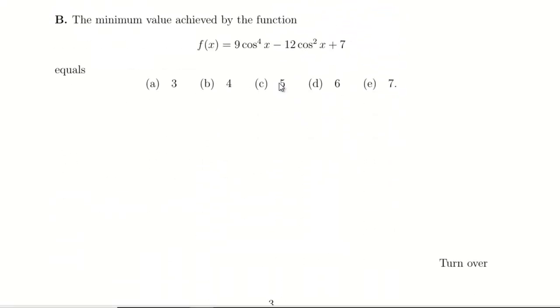B, the minimum value achieved by the function. So fairly horrible looking thing. I think the substitution is going to help on this. So let's say let y equal cos squared x, and then we can say that f of y is going to be 9y squared minus 12y plus 7.